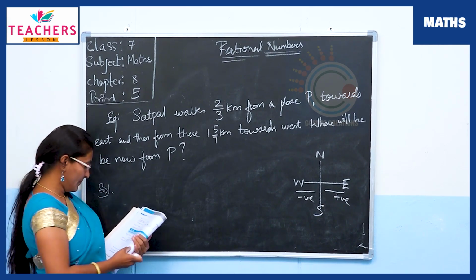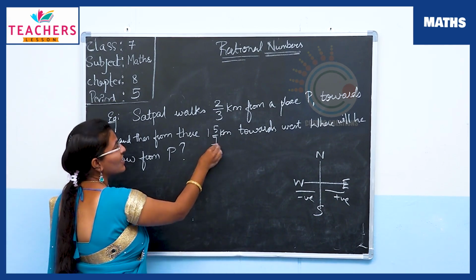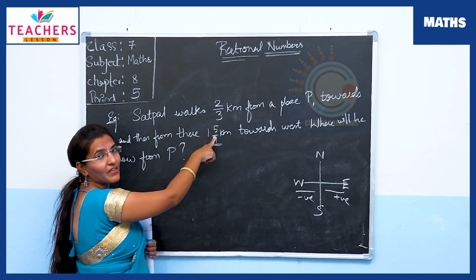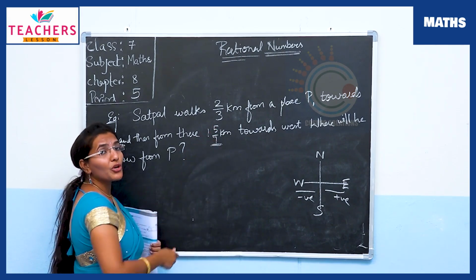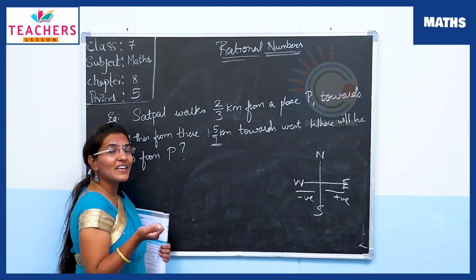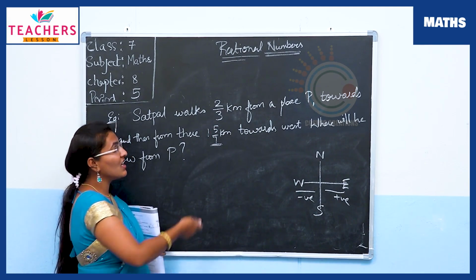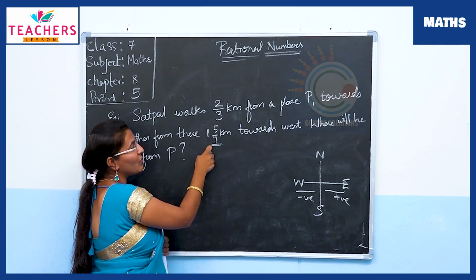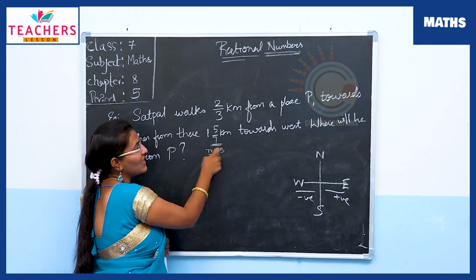Let's see. So students, if you carefully observe, this is a mixed fraction they have given, 1 5/7. So how do you convert it into an improper fraction? You might have learnt in your previous classes, right? So how do you do 1 5/7? 7 into 1 plus 5/7, right?